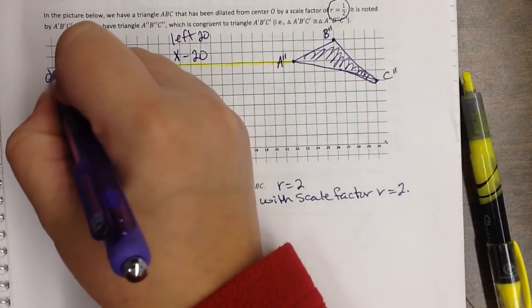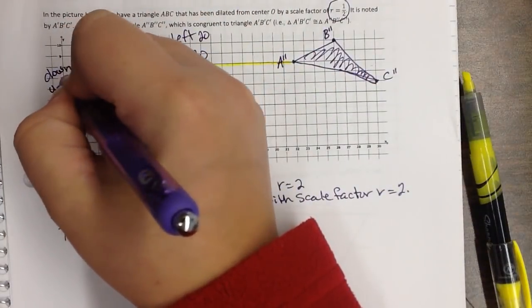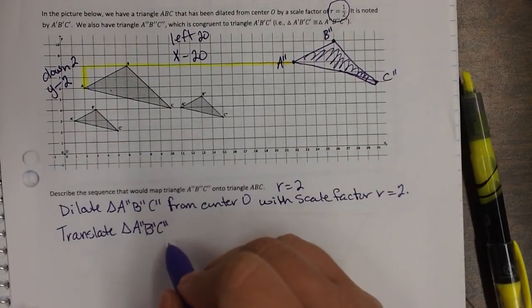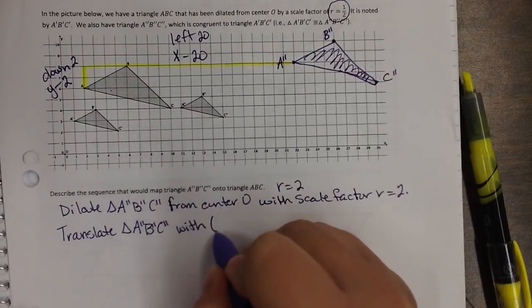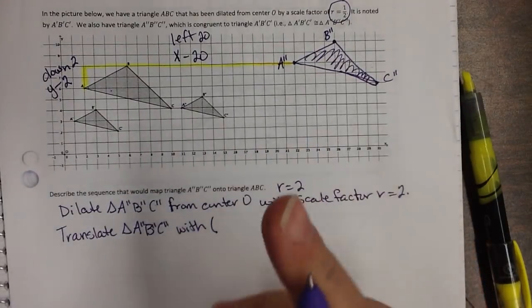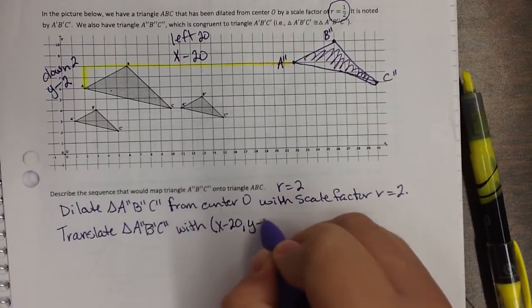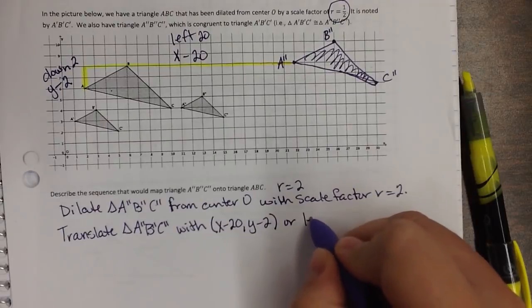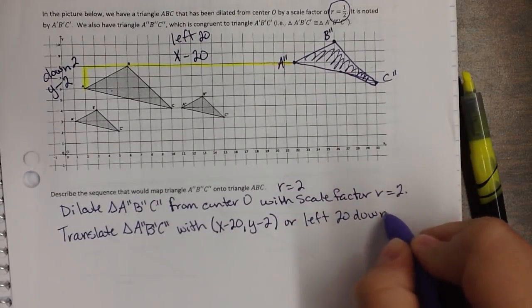And we went down 2, so I could say y minus 2. So translate triangle A prime prime, B prime prime, C prime prime. This is one way to write it, and I'm going to show you two different ways: with x minus 20, y minus 2, or you could say left 20, down 2.